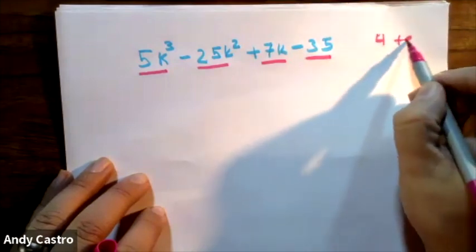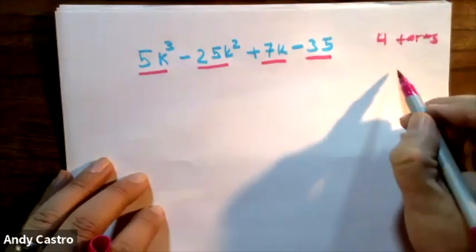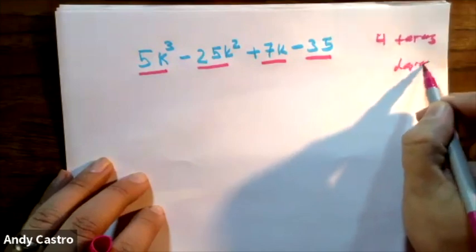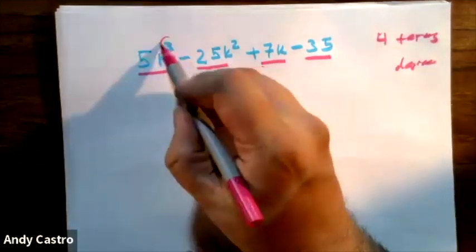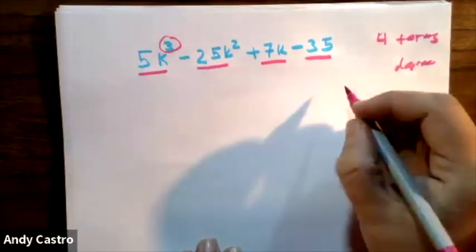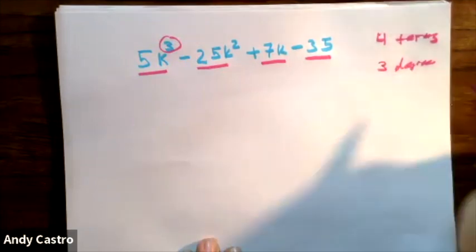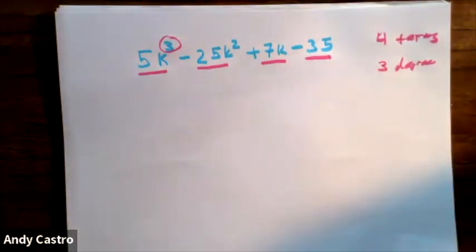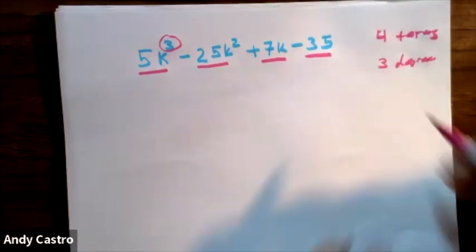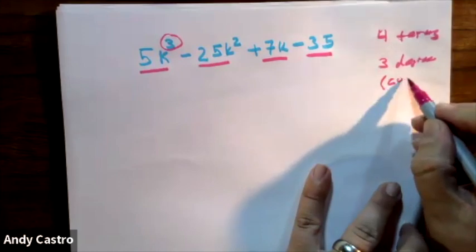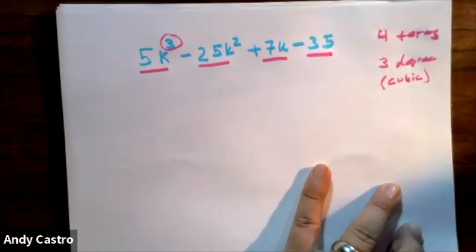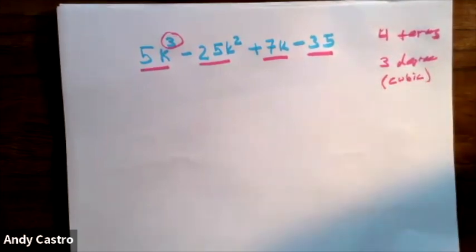Four terms. And then if we look at the degree, here's my highest exponent on the variable, and that is 3. So it's a third degree four-term polynomial. Third degree is also known as a cubic polynomial.